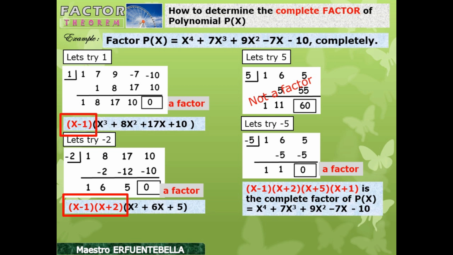The second factor is x plus 2, the third factor is x plus 5, and the remaining is x plus 1 from the quotient of the last synthetic division. So this is now the complete factorization of p of x equals x to the 4 plus 7x cubed plus 9x squared minus 7x minus 10. That's how to find the complete factors of the polynomial p of x.